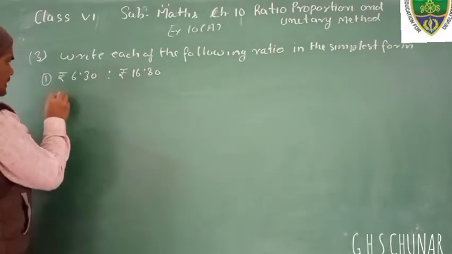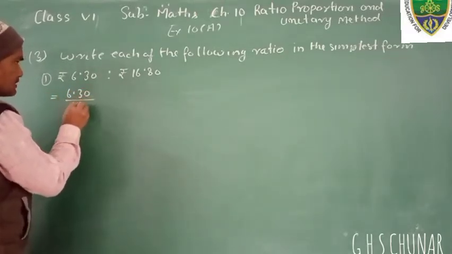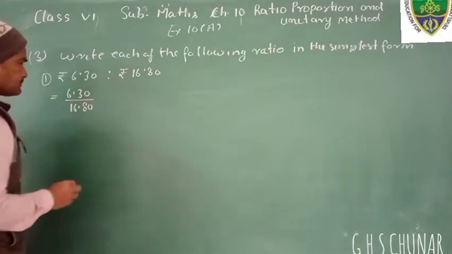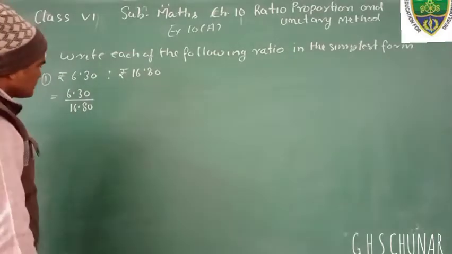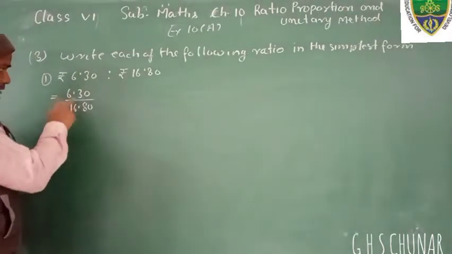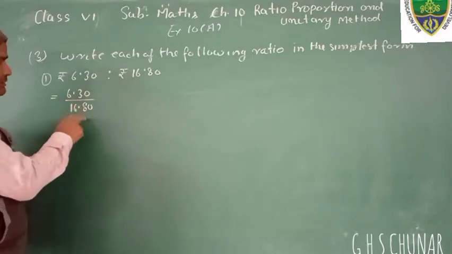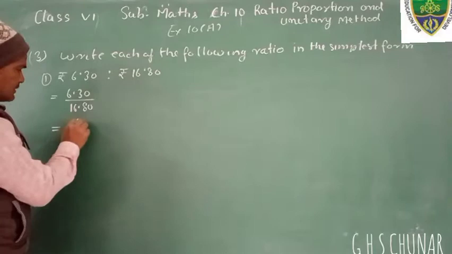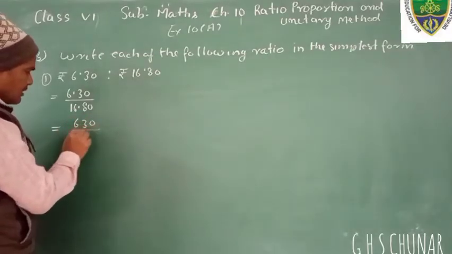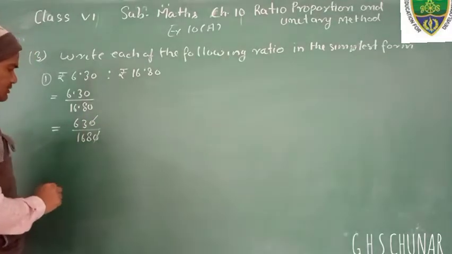So we can write 630 upon 6080. Here both units are the same. In this case, we see that the decimal places in both terms are the same, so we will remove the decimal, that is 630 upon 6080. 0 is cancelled by 0.